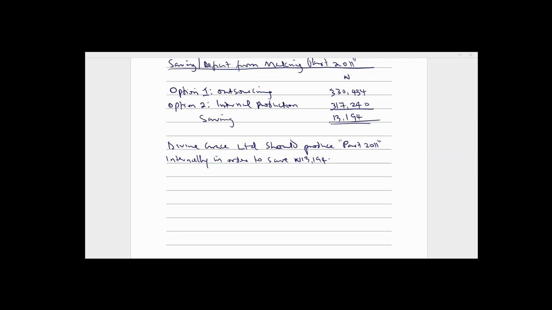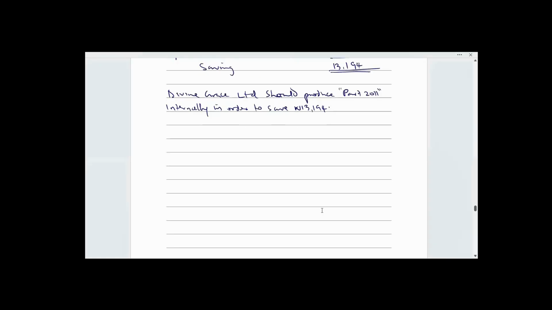Assumption. The calculation above is based on the following underlying assumptions. Even though the examiner did not ask you to state assumptions, there's no way you can earn your full mark if you don't state them, because there are some figures in the question that you ignore. Why did you ignore them?